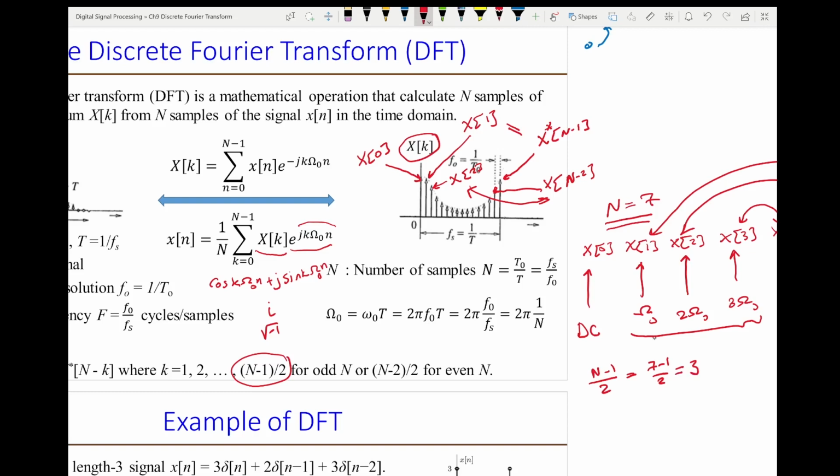So I have only 3 harmonics: first, second, third. If n is even, then the number of harmonics will be n minus 2 over 2. For example, if n equals 6, then the number of harmonics will be 6 minus 2 over 2. That will be 2 harmonics.